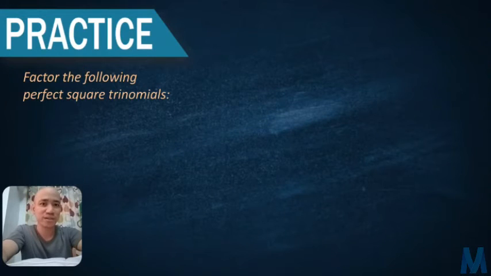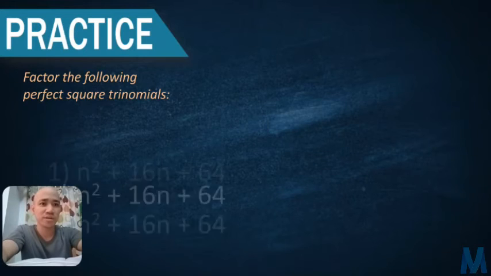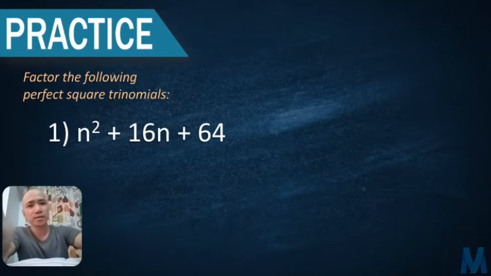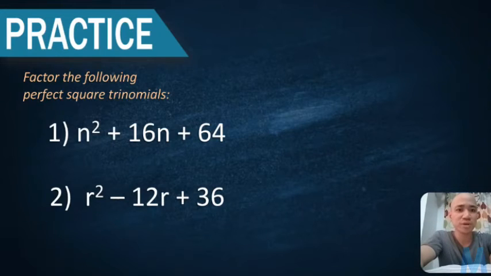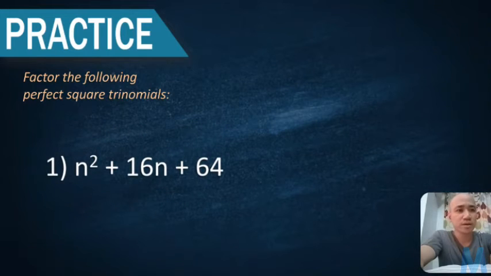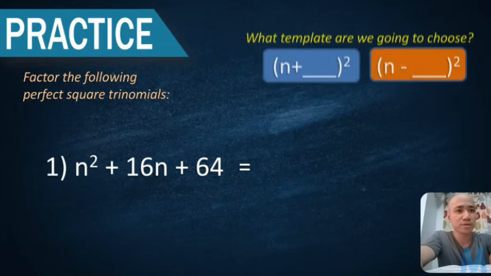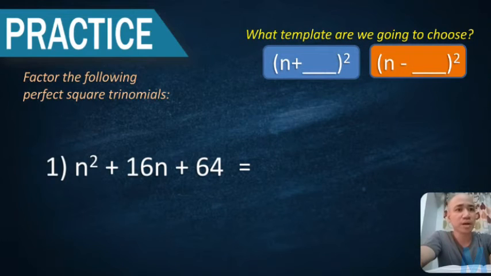So let's practice. We're going to factor the following perfect square trinomials. Okay, we have here two examples, n squared plus 16n plus 64 and r squared minus 12r plus 36. Okay, so sa n squared plus 16n plus 64, diin diri sa duwa ka template ang aton gamiton?